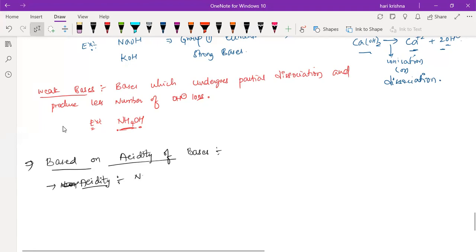So whenever acidity of the base is asked, I write this definition: the number of OH minus ions produced. Very good.